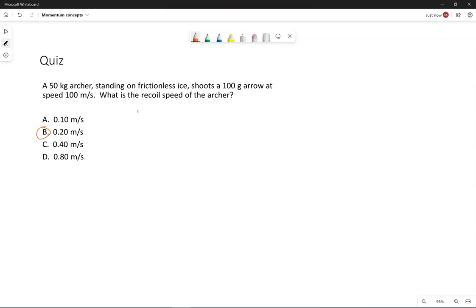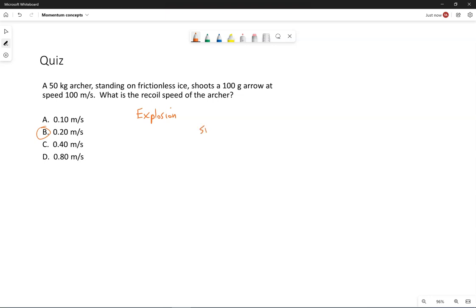This is what we would consider an explosion. Now, it's not our everyday usage of the word explosion. We think of things blowing up. But the archer is holding the bow, the arrow is with the bow.